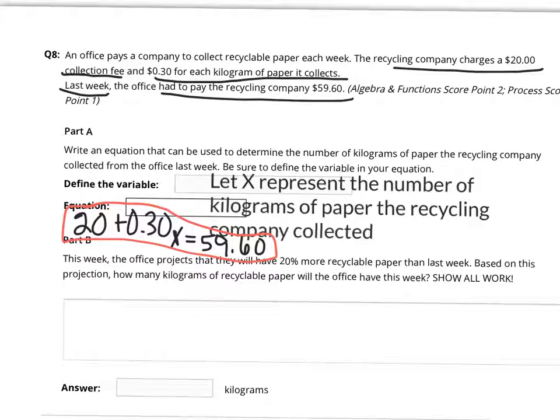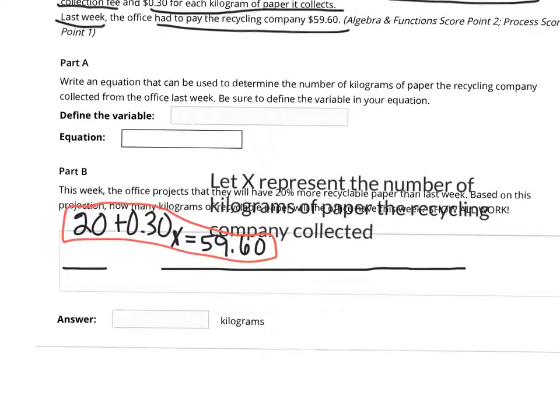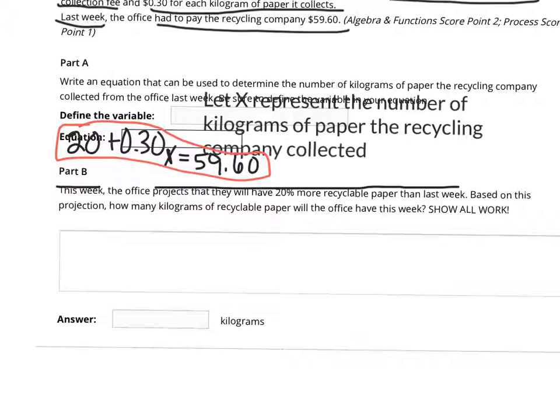And then part B, this week the office projects they will have 20% more recyclable paper than last week. Based off the projection, how many kilograms of recyclable paper will the office have this week? So the first thing is that we don't actually know how much they collected last week, so we would have to figure that out.